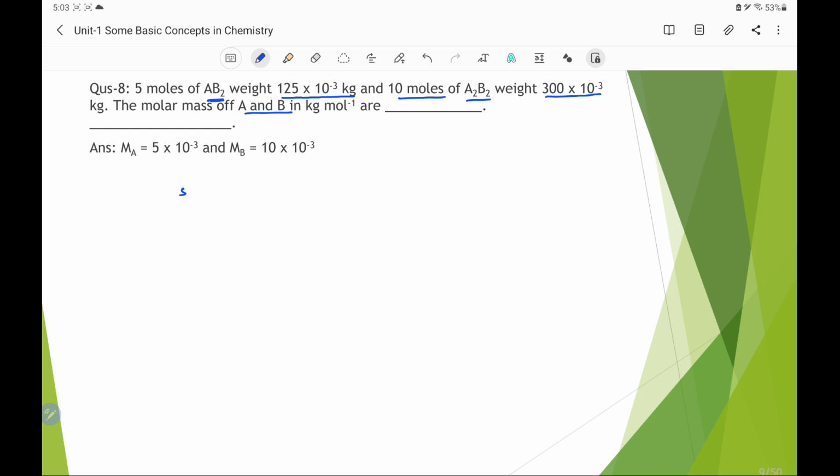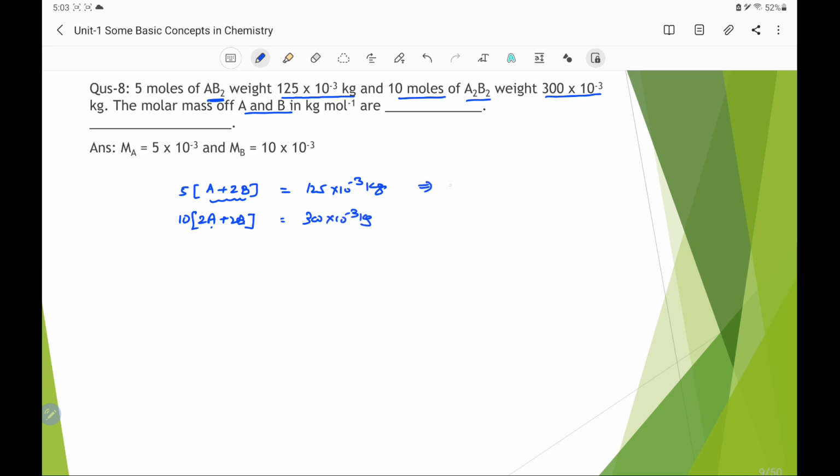As per the question, the molar mass of AB2, that is A plus twice B, is equal to the given 125 into 10 to the power minus 3 kilogram for 5 moles. Similarly, for 10 moles, the molar mass of A2B2, that is 2A plus 2B, where A is the atomic mass of A and B is the atomic mass of B, is equal to 300 into 10 to the power minus 3 kilogram.